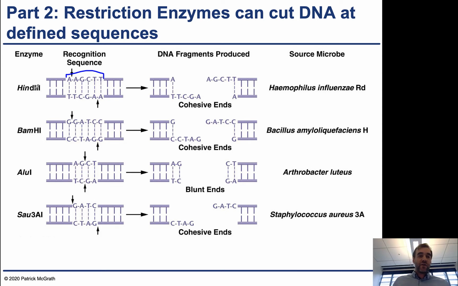So for HindIII, it cuts between the first nucleotide and the second nucleotide. This is where that cut occurs, in between the A and the A. This is where the cut would be on the other strand, between the A and the A. And so when we do this cleavage, what we have is an overhang.